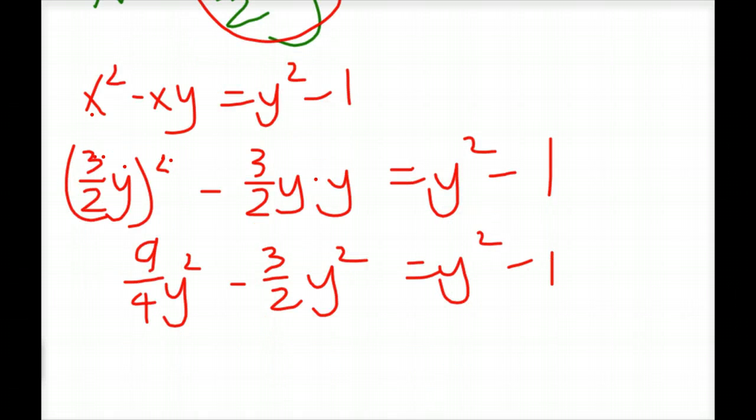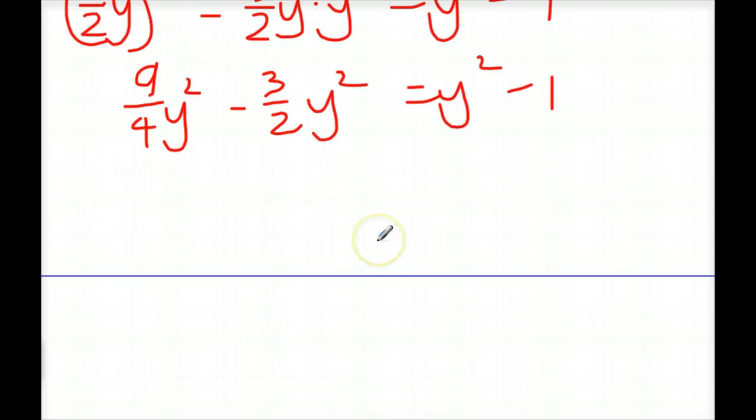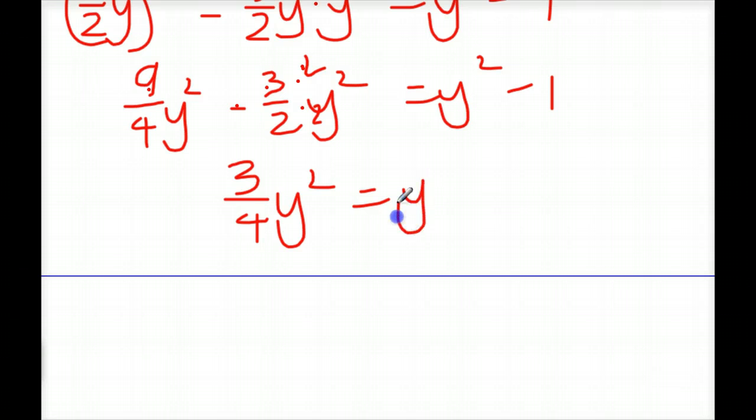So fractions are our friends, and let's go ahead and take a look at this. We get, let's see, if I multiply this by 2 and this by 2, that gives me like terms. That gives me 3 times 2 is 6, so 9 minus 6 is 3 over 4y squared equals y squared minus 1. So let's continue solving this. Let's move things over.